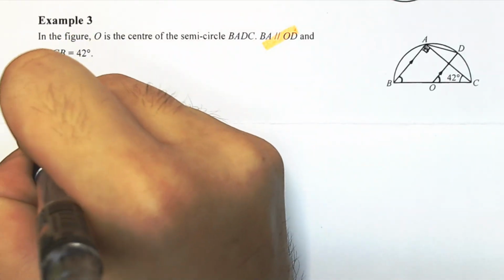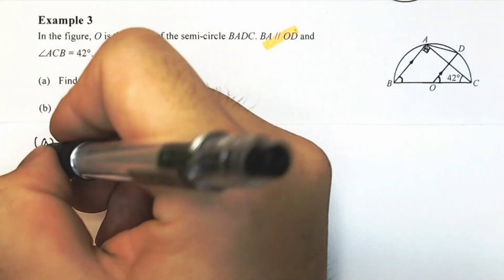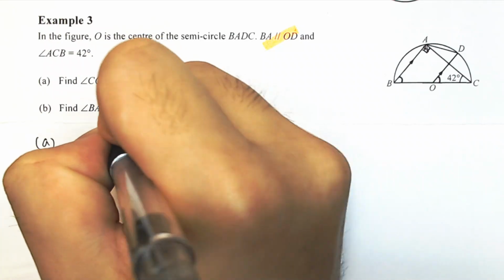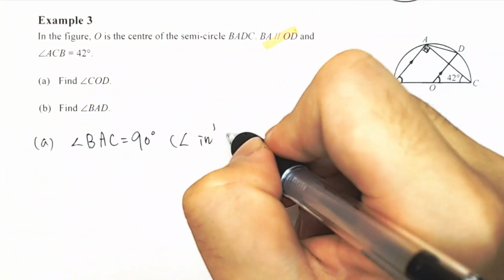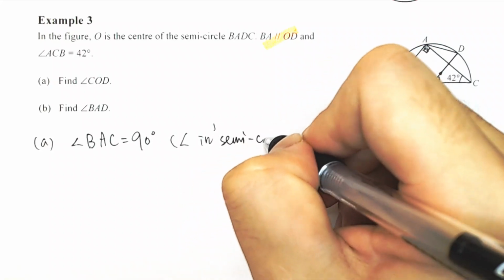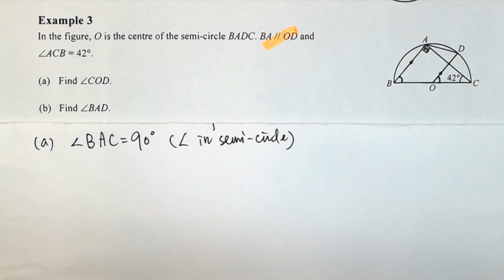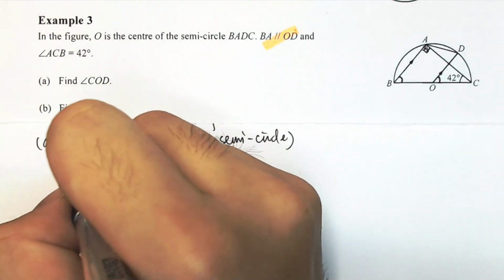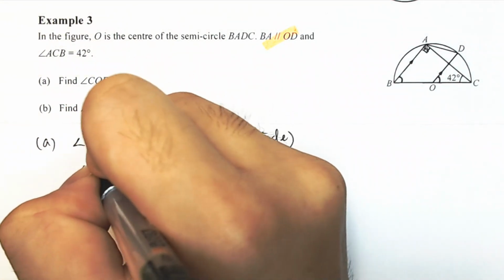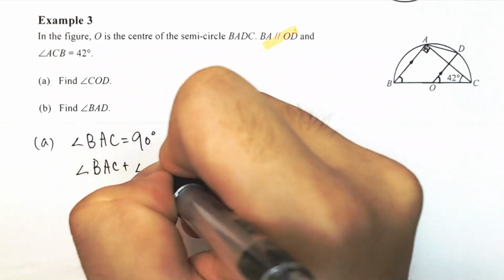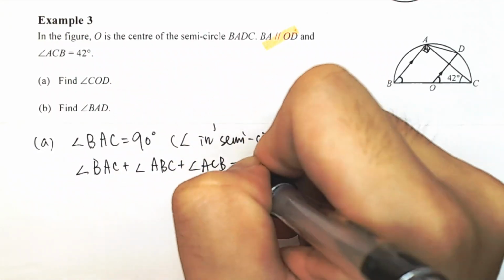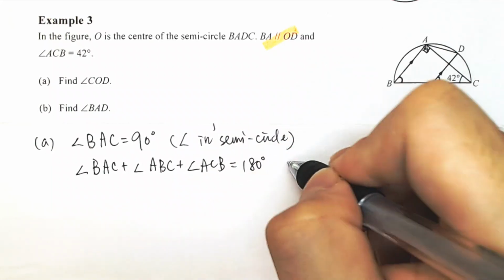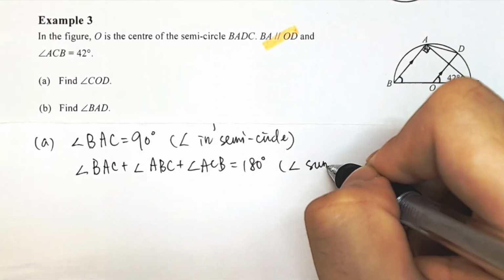First of all, we have angle BAC is 90 degrees. Okay, angle in semicircle. And number 2, angle BAC plus angle ABC plus angle ACB is 180 degrees, angle sum of triangle.